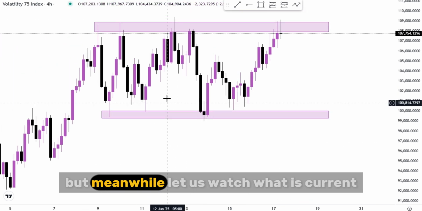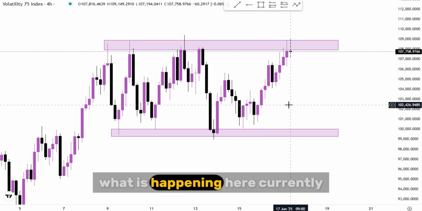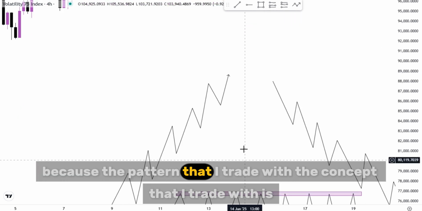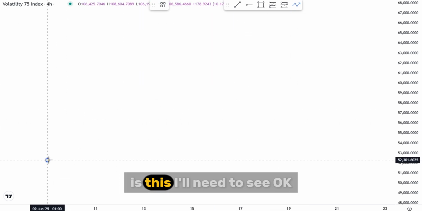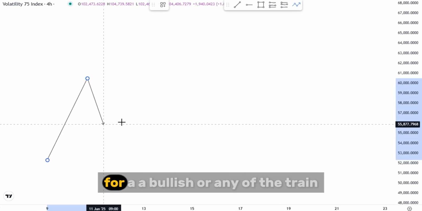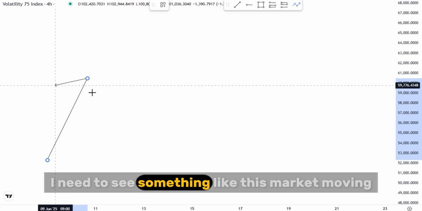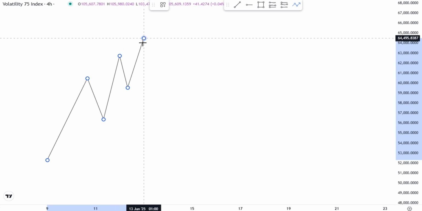But meanwhile, let us watch what is happening here currently, because the concept that I trade with is this. For a bullish or any trend, I need to see something like this: market moving in an uptrend.